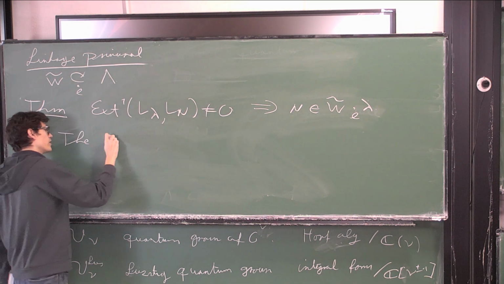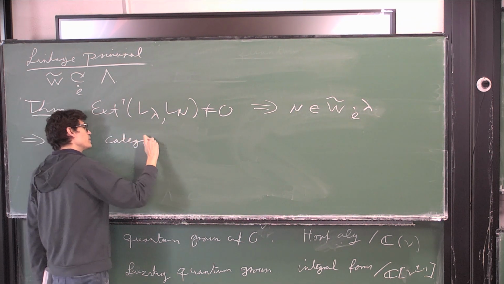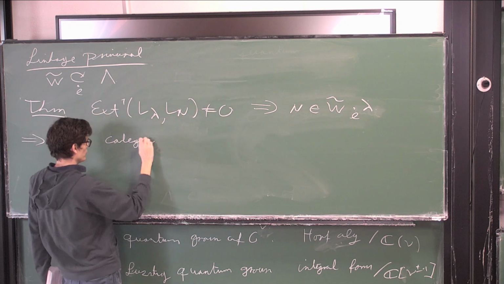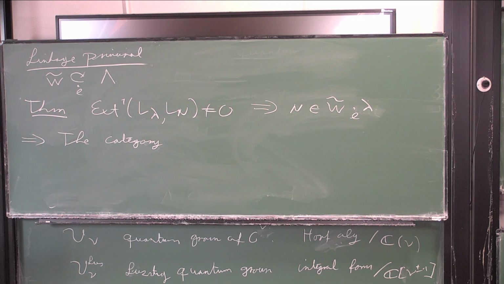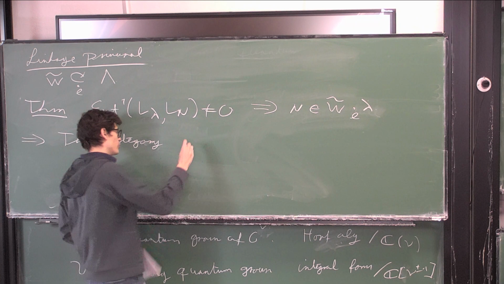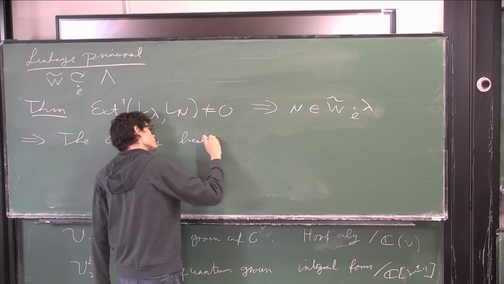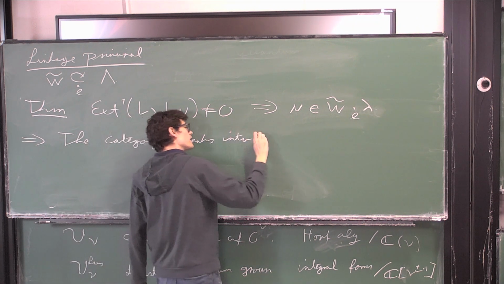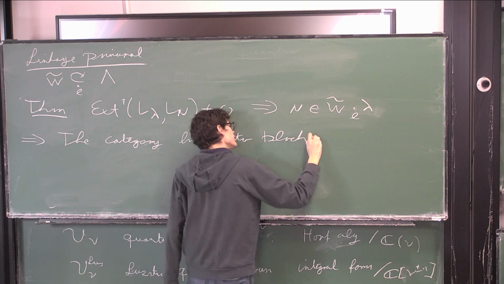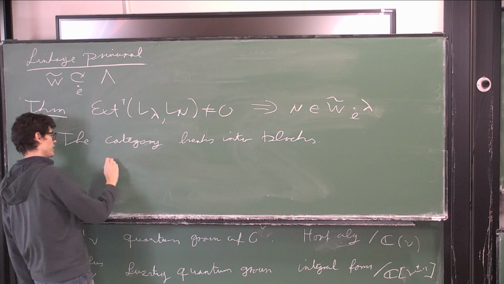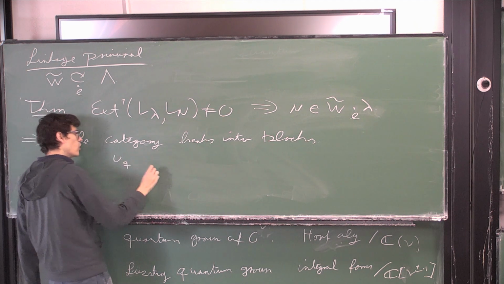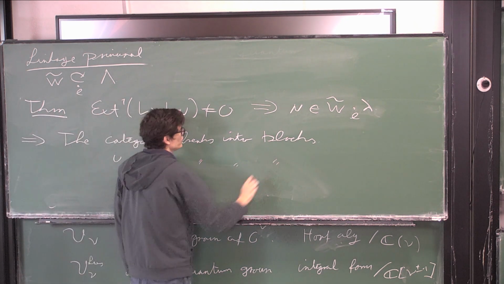This is the subscript 0 that appeared in the category O in the previous talk. So the category breaks into blocks. And not just the category, similarly the algebra. UQ also breaks up into blocks.